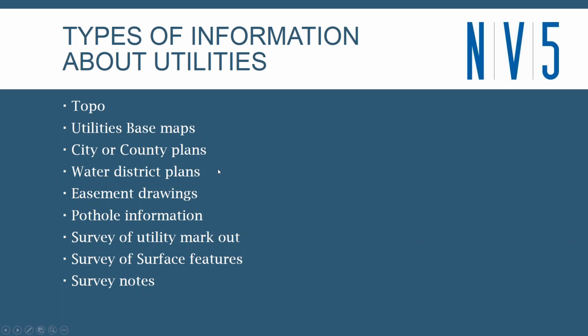I'll get to that when I start doing the drawing. But one of the other things we have in our arsenal for drawing these is pothole information, where we actually go out and pothole the crossing. This is later on in the design, but you'll have this information too, as well as the survey of the utility markup. Again, the survey notes are a good source of some of that data that you just don't have anywhere else.